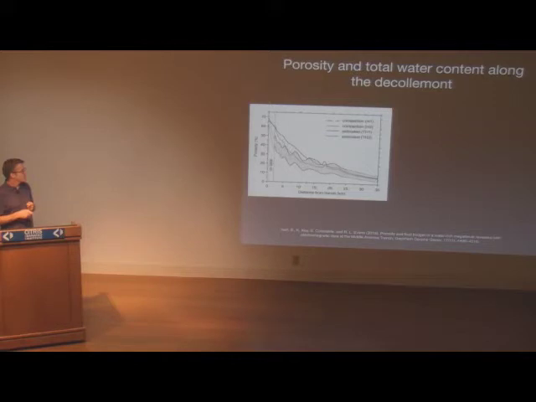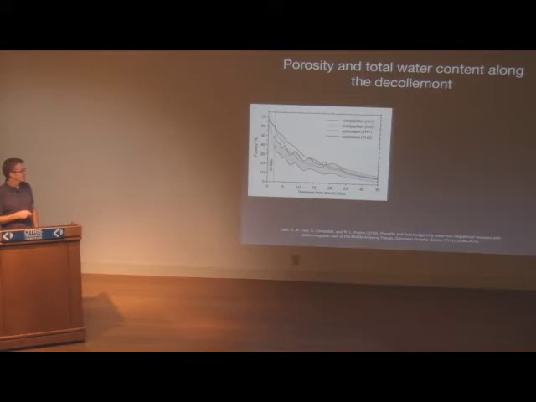These two black lines show the predicted compaction along the décollement for two different compaction models. You have porosities going from about 65–70% right at the trench seafloor, and as the material gets subducted further and further down, the porosity greatly decreases.